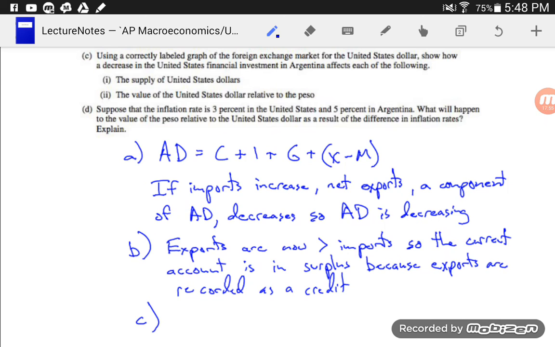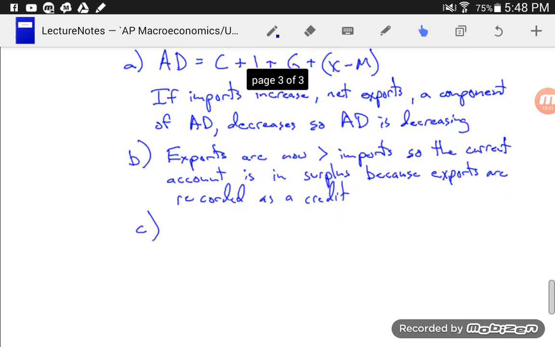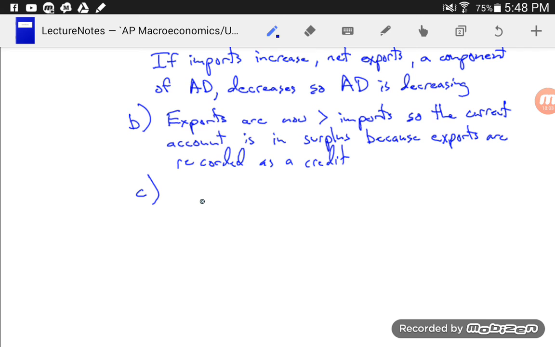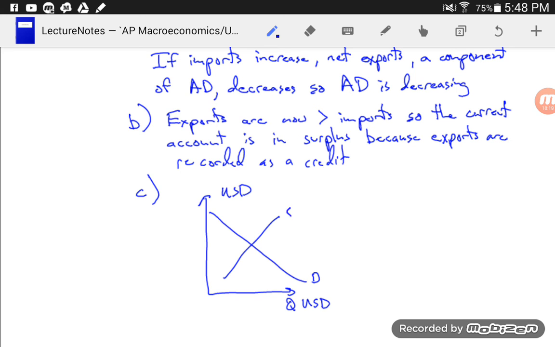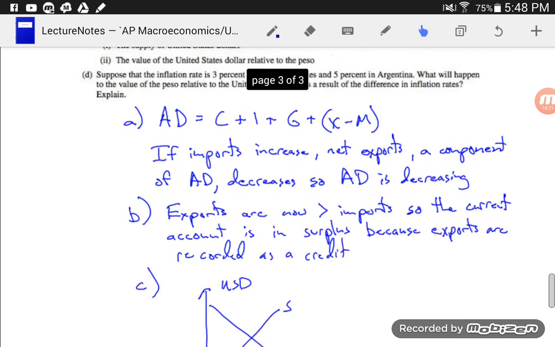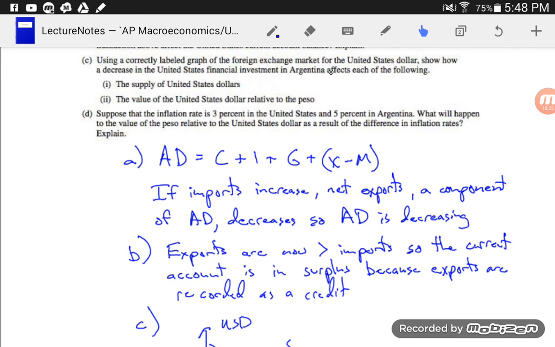All right, part C. Using a correctly labeled graph of the foreign exchange market for the United States dollar. I'm just going to stop there for a second. We saw this graph in the last problem, so I'm just going to draw it again. This is U.S. dollars, so we're looking at the quantity of U.S. dollars. Now let me just draw my demand and supply, and we're expressing it in terms of pesos.